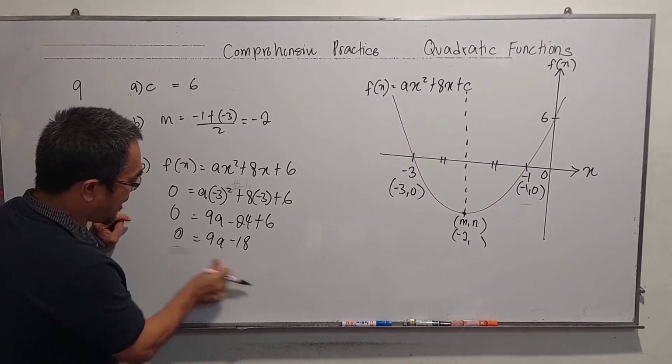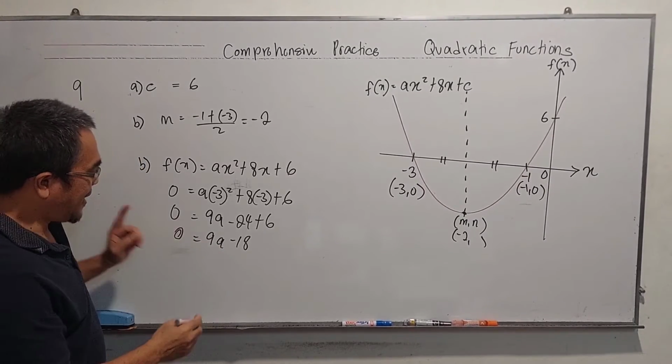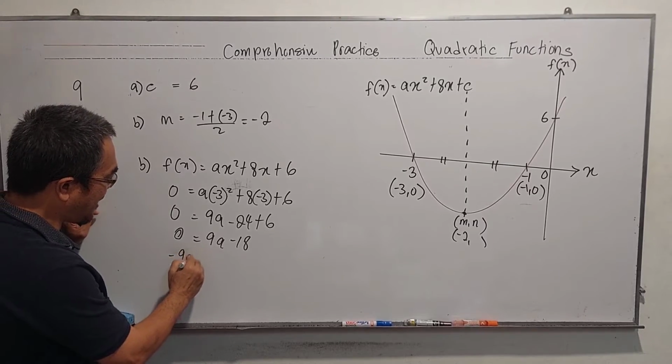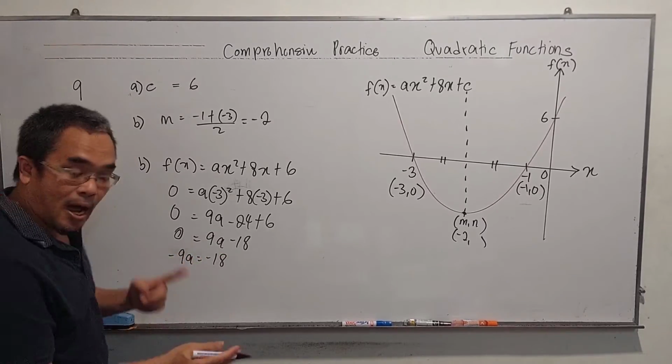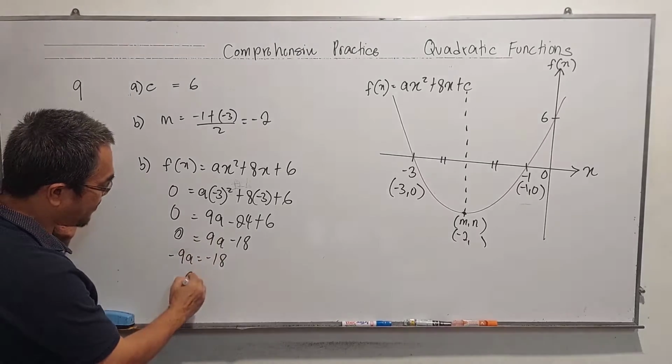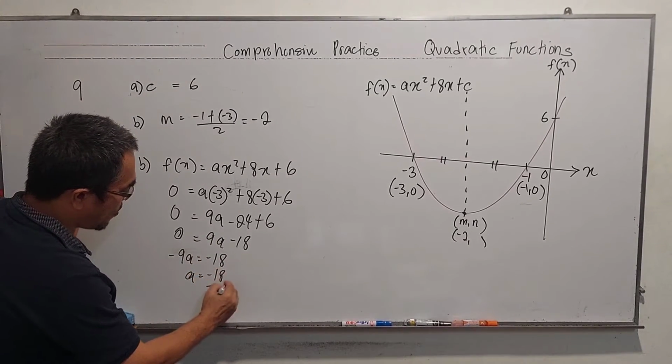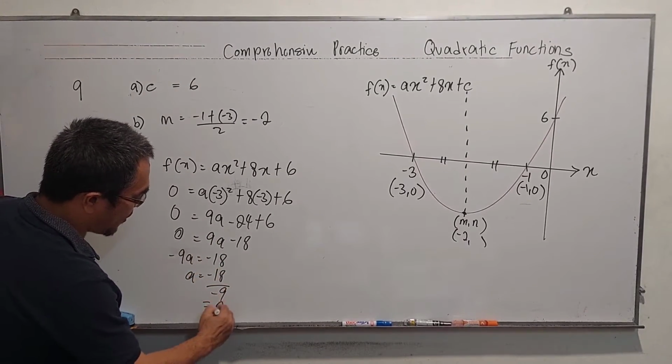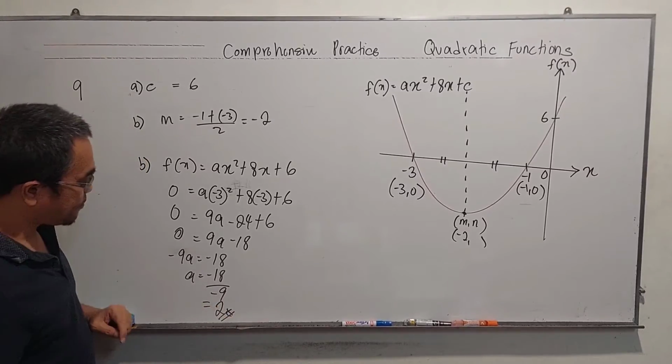Or you can bring 9a to the other side, so -9a equals -18. Both are correct. So -18 over -9, so a is 2.